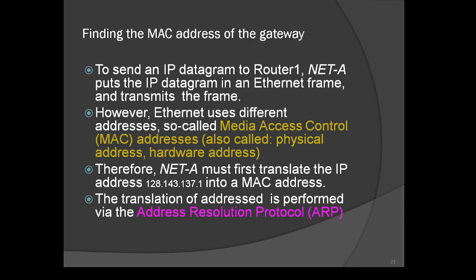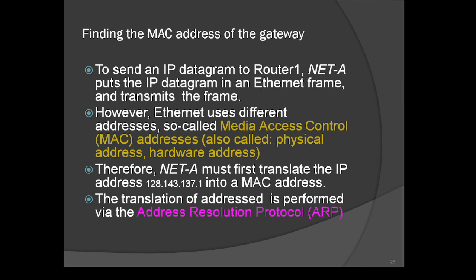The media access control or MAC addresses are fixed on the devices, para mas makita niya on the physical level kung nasaan yun. So the IP address will be converted into MAC addresses, and that is what we call the address resolution protocol or the ARP.